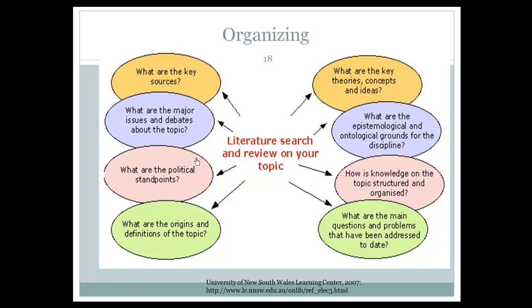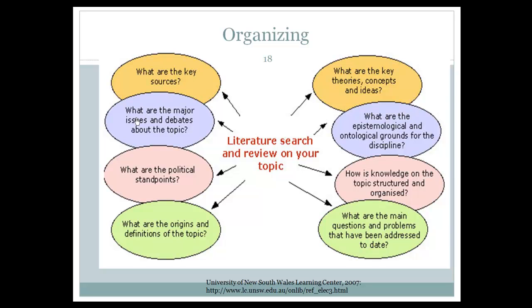This is another way of thinking about it, from another website. If you're going to start drawing some circles and boxes and lines between them, you could do something like this. You could look at what the key sources are, and what the most important things are that you found there. Maybe the landmark or really foundational studies.